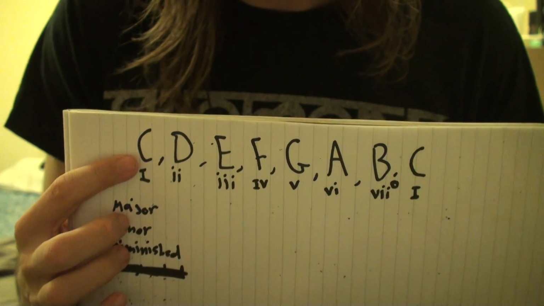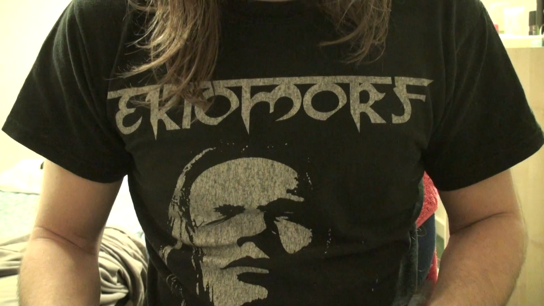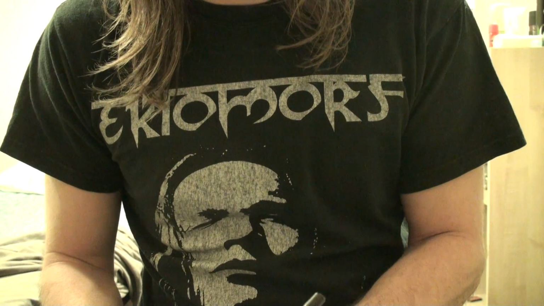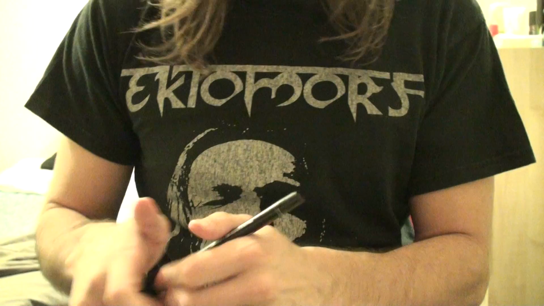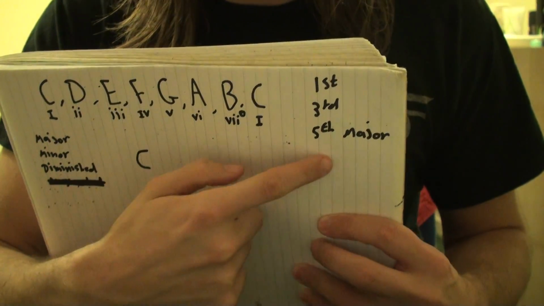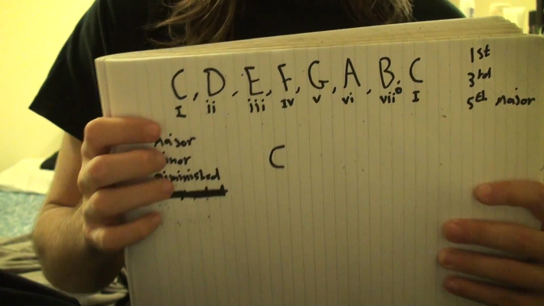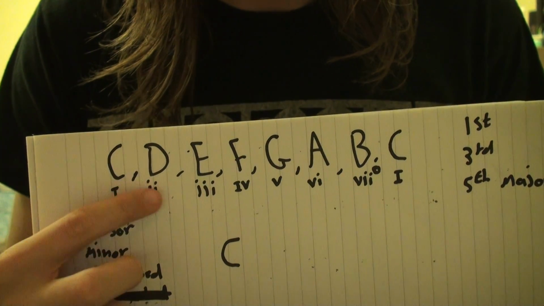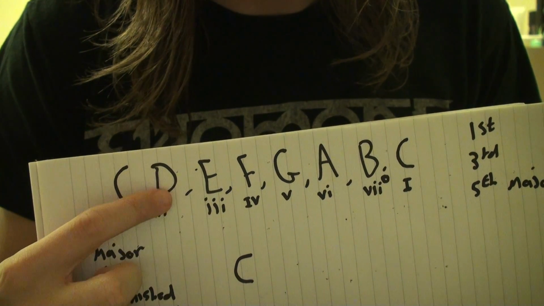So if we take this C note, we have our C, and major chords are made up of the first, third, and fifth. Here we have our C. Now, this is our second scale degree in our key, D, right?